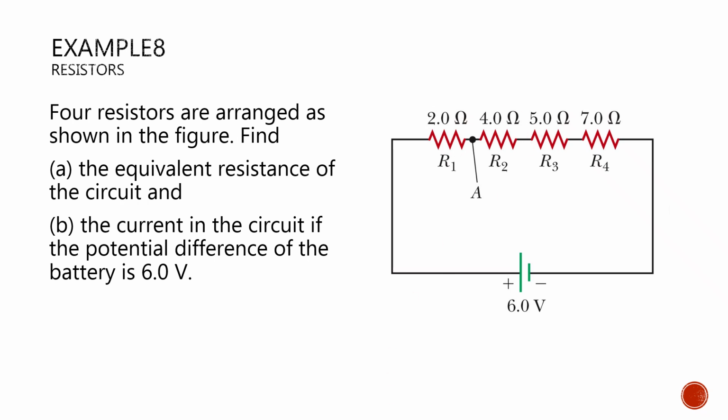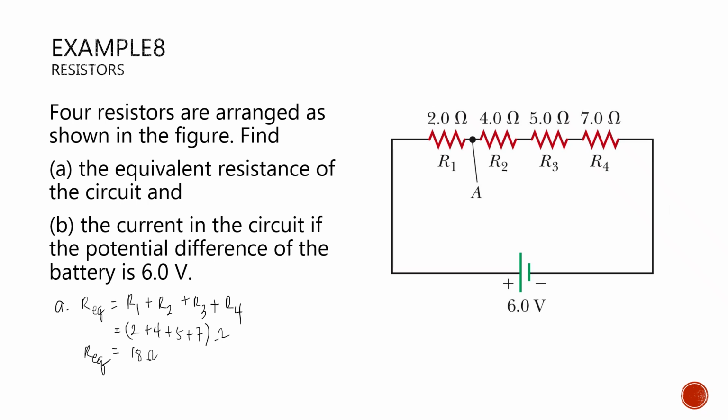If we're going to write it mathematically, just add all the resistance values: 2 plus 4 plus 5 plus 7. Make sure to check if the unit is consistent in ohms. If not, then you need to make conversions. So that's 18 ohms.